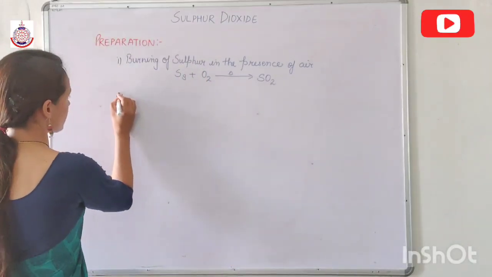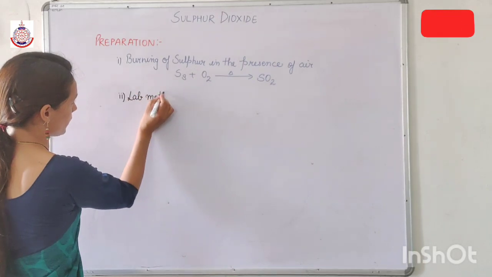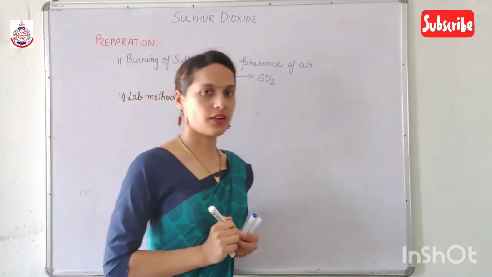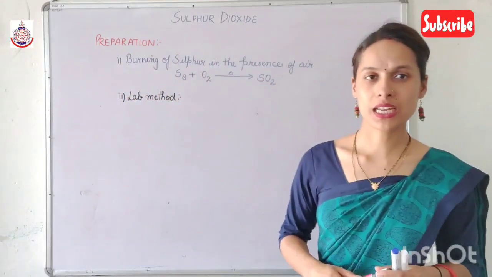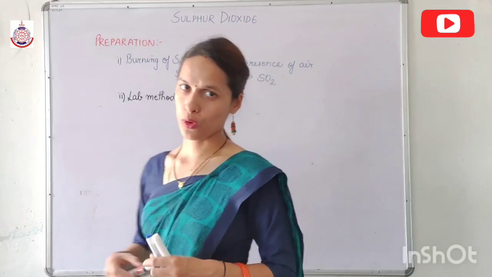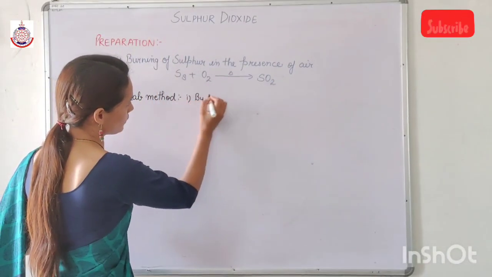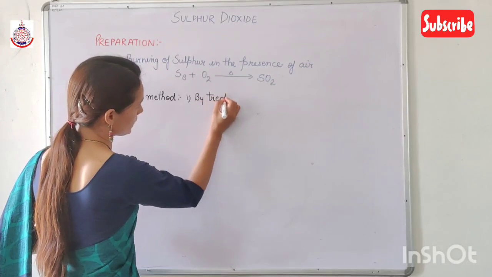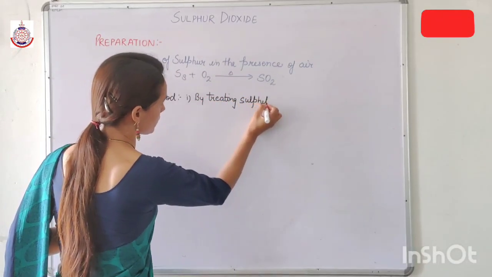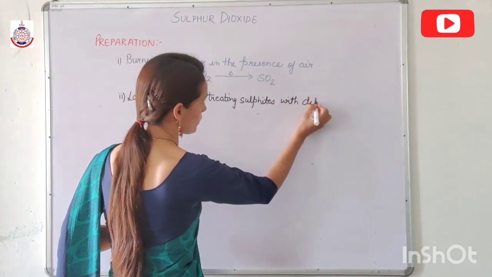Now the second method is the laboratory method. In the laboratory we can prepare sulfur dioxide by treating sulfides with dilute H2SO4.